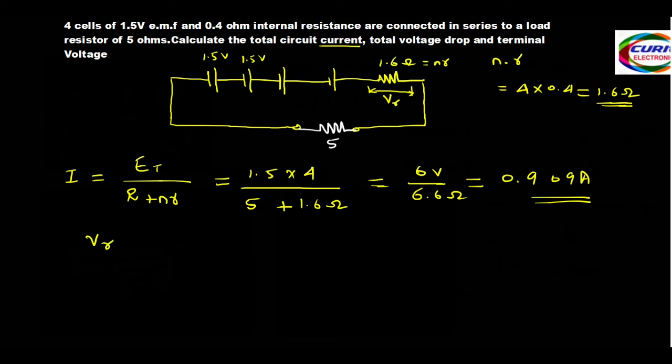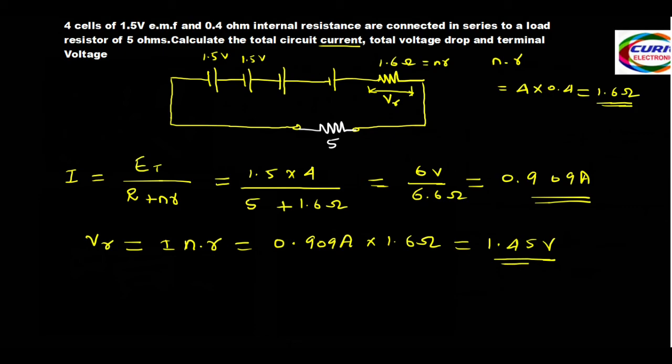The voltage drop equals the total circuit I into R, where R is the internal resistance, N multiplied by R. I we know, 0.909 amps multiplied by R. What is the value of R? 1.6 ohm. This comes to 1.45 volt. So 1.45 volt is getting dropped across the internal resistance of the battery.